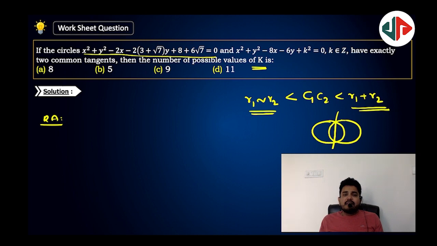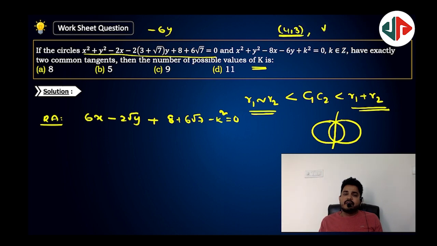This minus 2x minus of minus 6x, minus 6y cancel, minus 2 root y plus 8 plus 6 root 7 minus k square is the radical axis. What is the center? 4 comma 3. And what is the radius? Root over 25 minus k square.